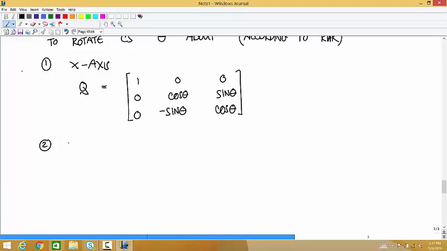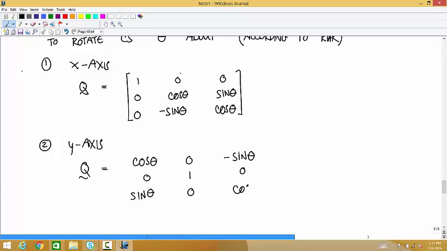If you're going to rotate it about the y-axis, it's cosine theta, 0, negative sine theta, 0, 1, 0, positive sine theta, 0, cosine theta.